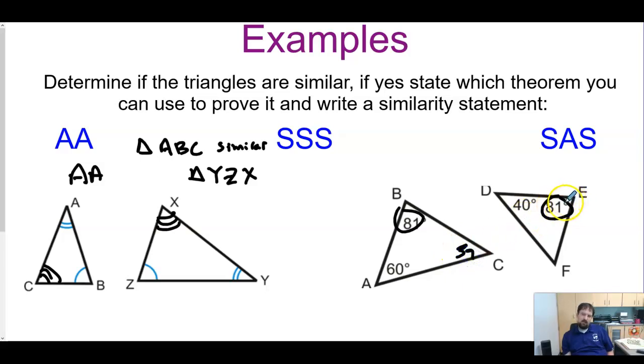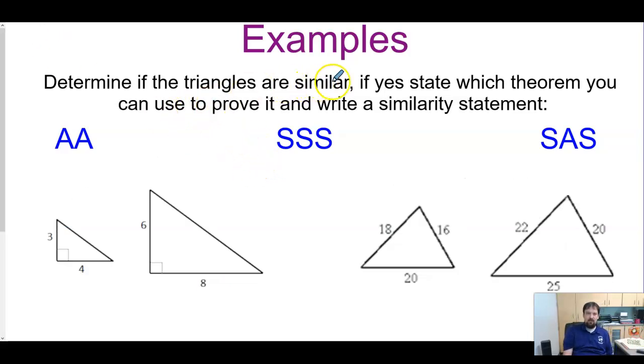And if I had 180 minus this, that would give me a 51. So do I have any two angles that are the same? I have 81 that's the same, but the 40 and 60 is not the same, 39 and 51 is not the same. So this one is not similar. We can't prove that one to be similar.